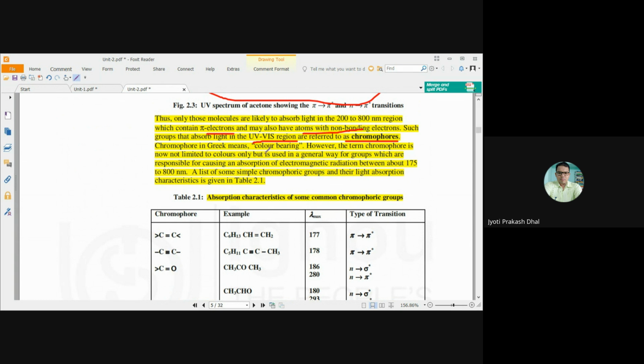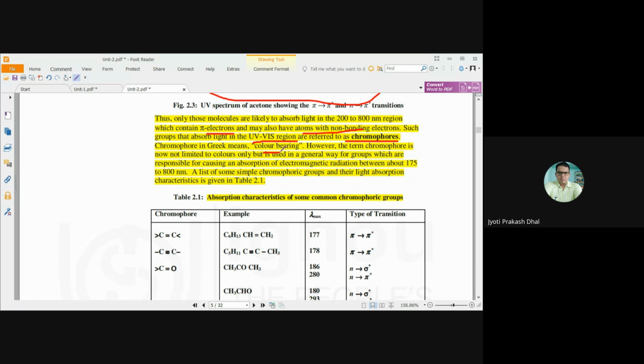Chromophore means color bearing. As the molecule absorbs at longer wavelength, it comes from the ultraviolet to the visible. So if the wavelength increases and falls in the visible region, then the sample will look colored, and the spectra will look colored. That is why it is called color bearing.